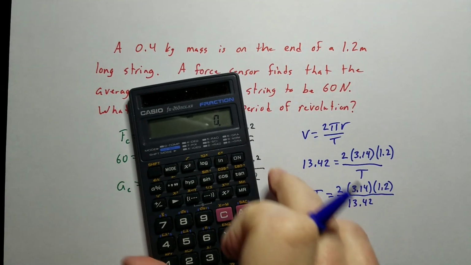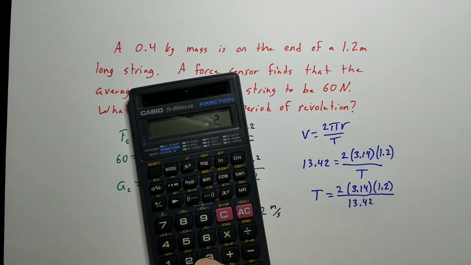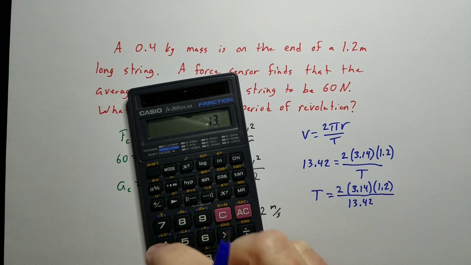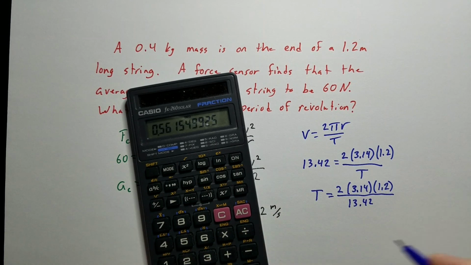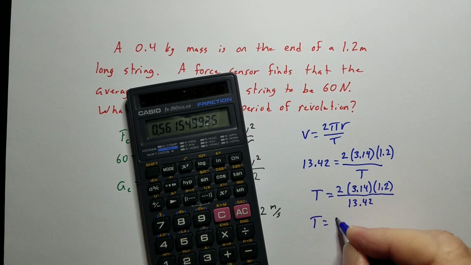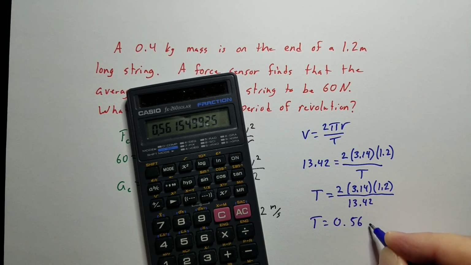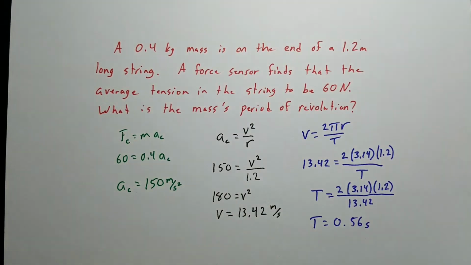All right, so 2 times 3.14 times 1.2 divided by 13.42 gives me a period of 0.56 seconds. So it goes around once every, well, a little over half a second.